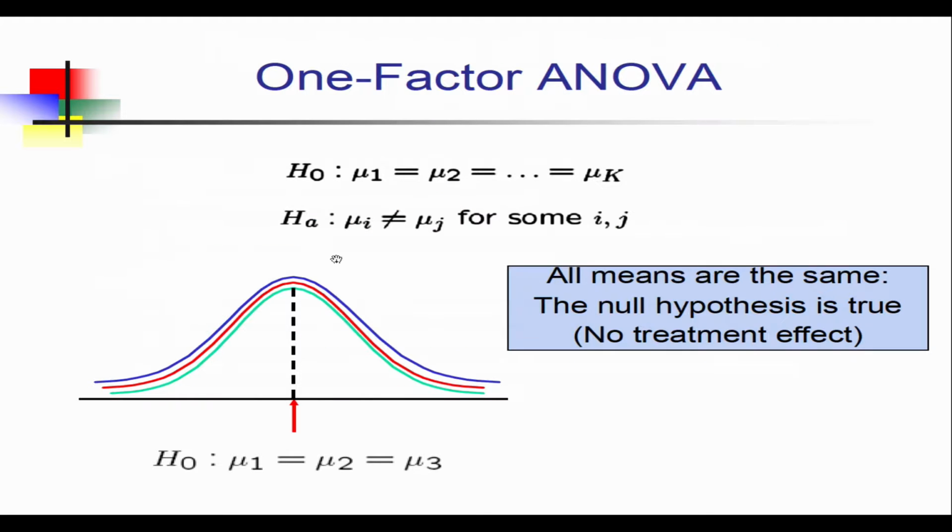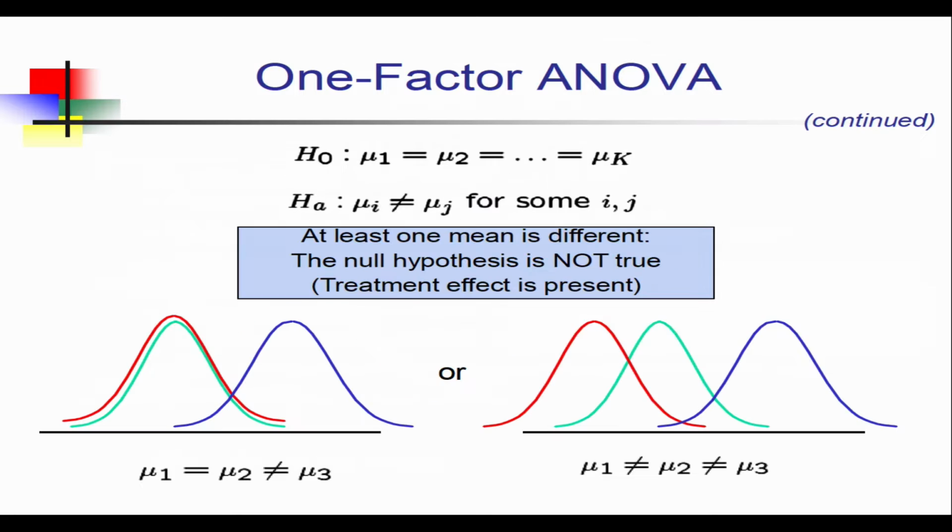Okay, so this is the situation. If all of those k groups have the same population mean, then we say there's no treatment effect. There's no difference among those k population means. We do not reject the null hypothesis.